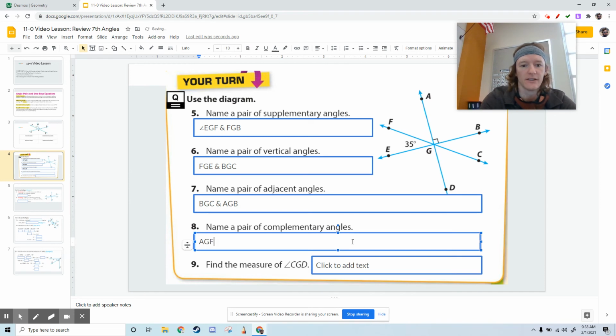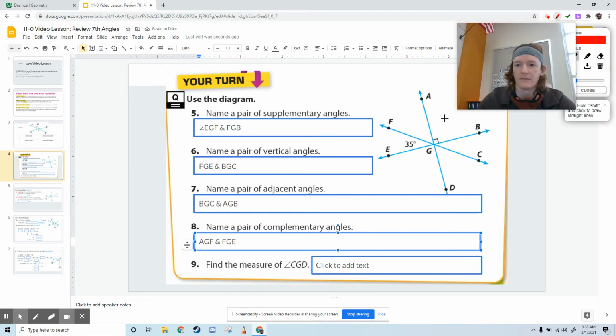Angle AGF and FGE. Those are our angles we're choosing. These two add up to 90. The last question here, we need to find what is the measurement of angle CGD.